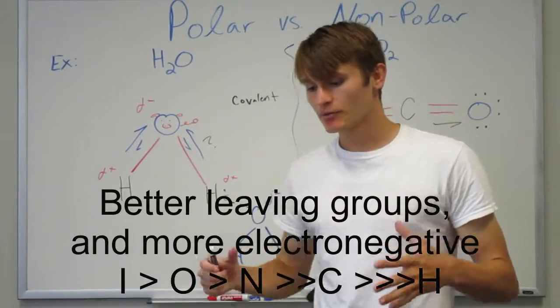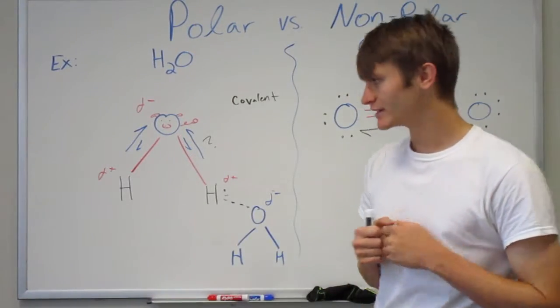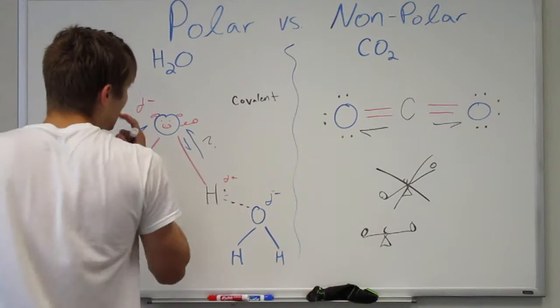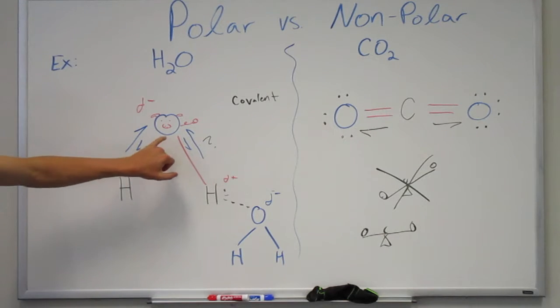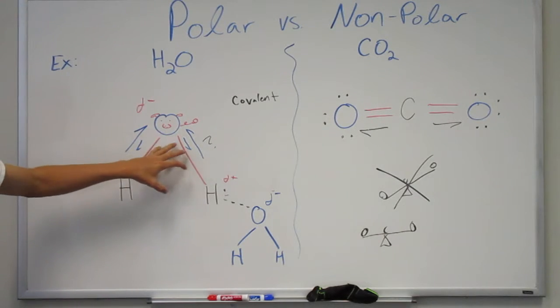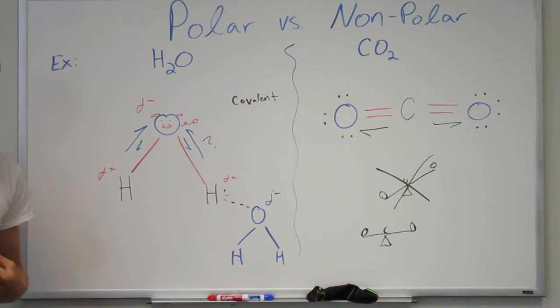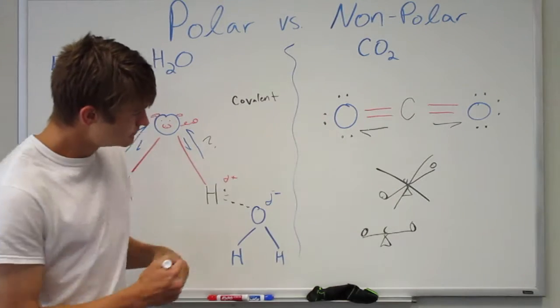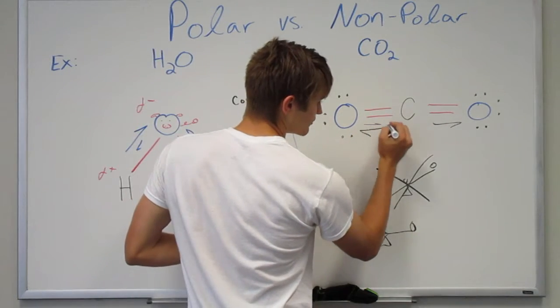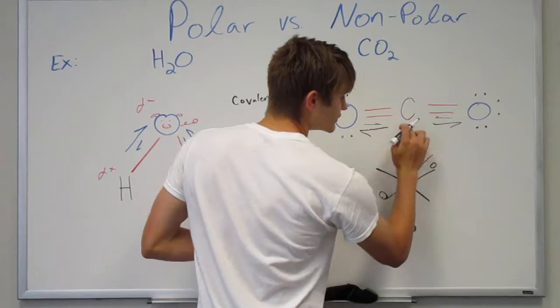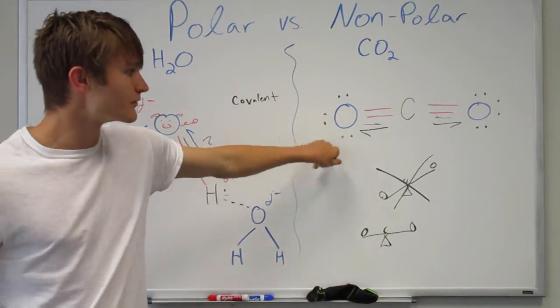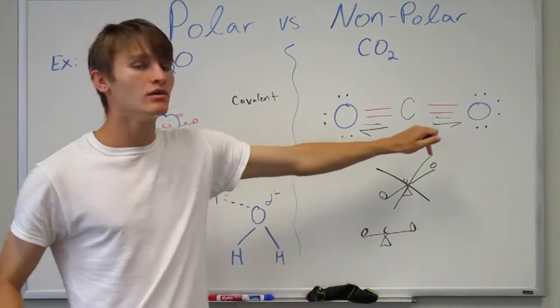You have a couple of them that are more electronegative than most and are pulling. But the important concept is that oxygens are hoggers of electrons. They pull at electrons. On this one over here, we have a slight pull to the carbon, but most of the pull is coming from the oxygen. And this is equal, so it's nonpolar.